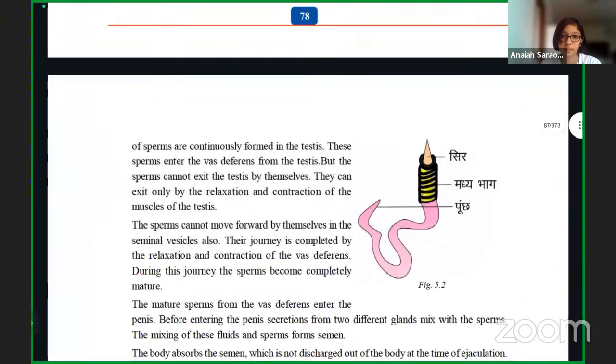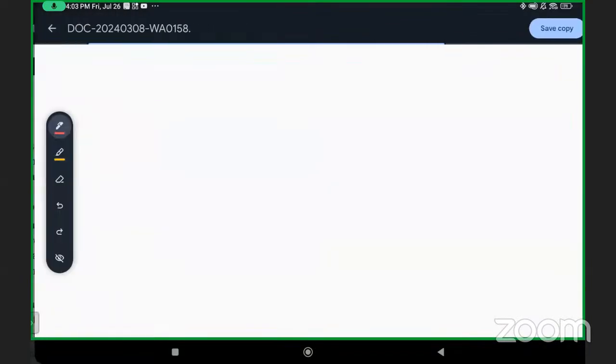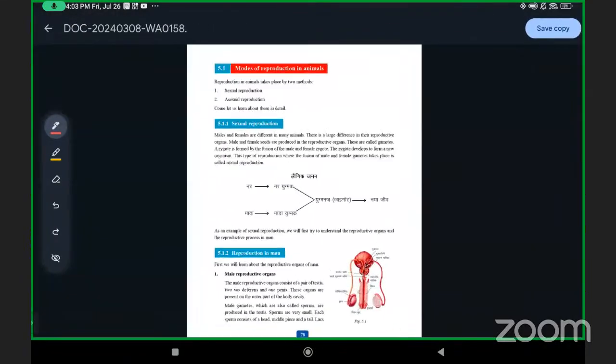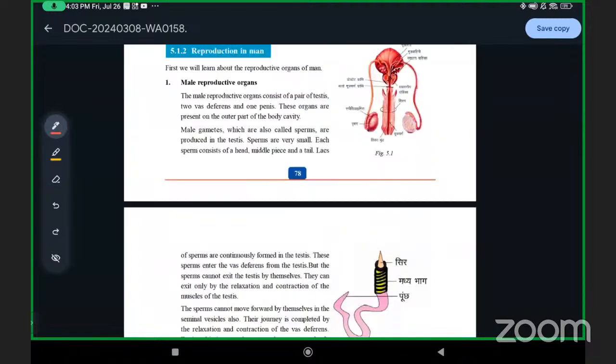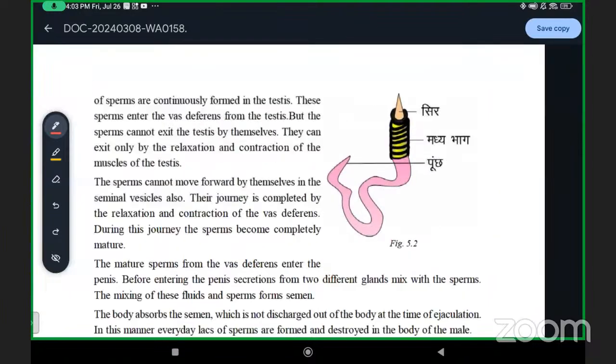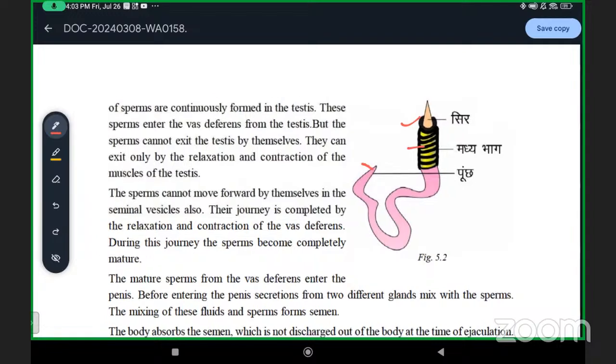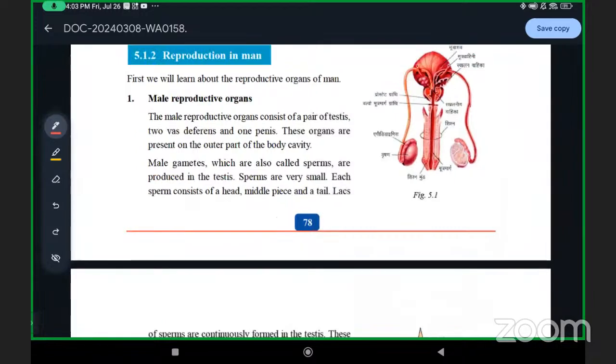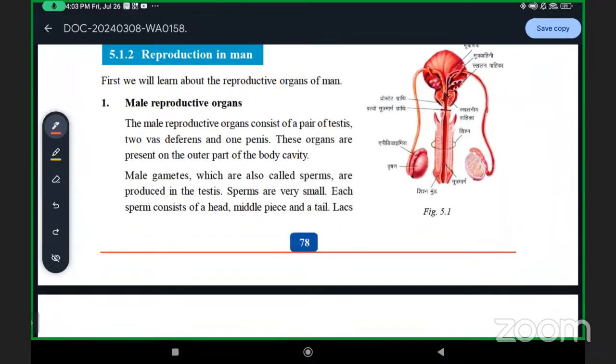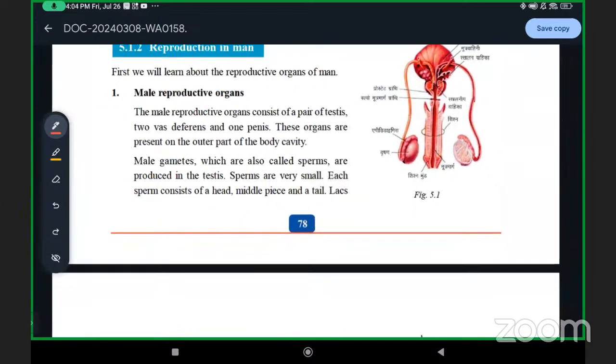This is how a sperm looks like. It has a head. Then this is its middle portion. This is its tail. So through the tail, it pushes and moves forward and travels.